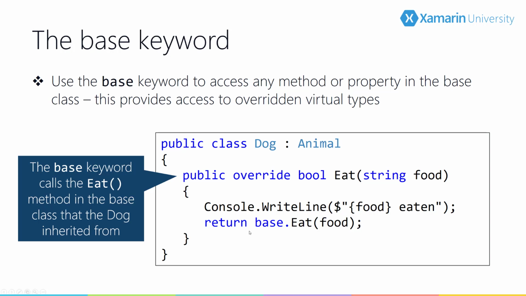So as you can see here, if, for example, base.eat was above Console.WriteLine, that would allow me to first call the base class, do whatever the base class eat method does, and then come back to this and then do whatever I want to do in this class. So you can either completely replace the base class implementation by not calling the base class like we're doing here, or if you want to call the base class, then we can extend the functionality of it.